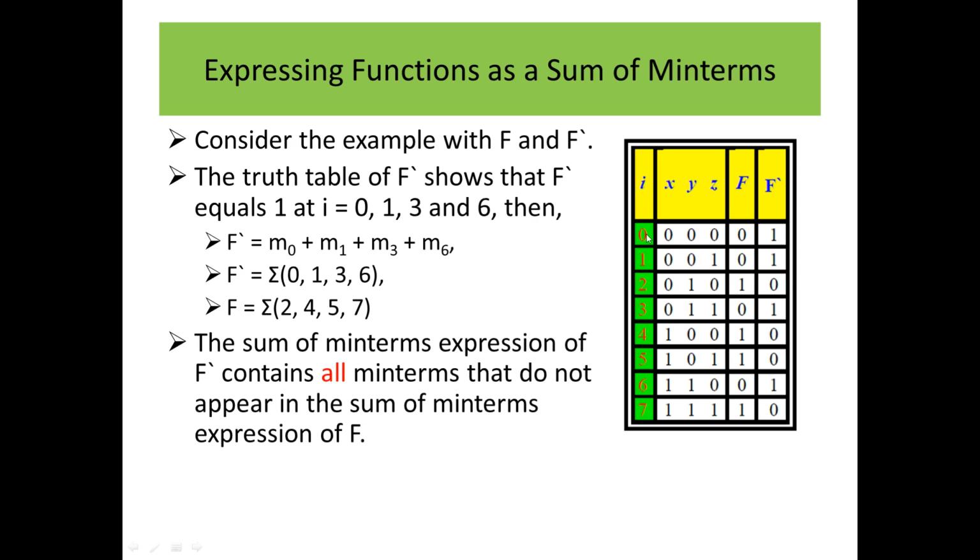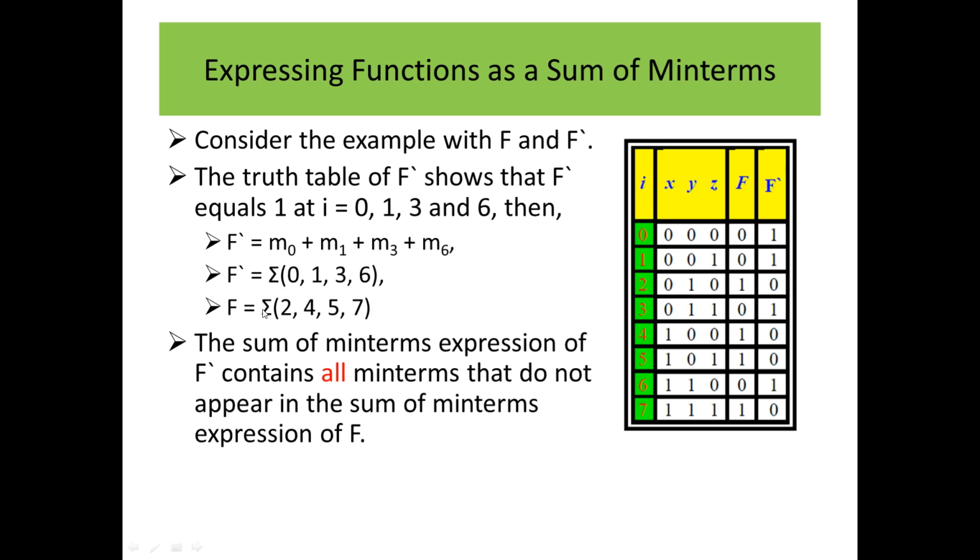So all these 0, 1, 3 and 6 have been written here, and this is equal to f bar. So f bar can be represented as m0 plus m1 plus m3 plus m6, because wherever f bar is 1, that particular row has been considered and expressed as a minterm. This also can be expressed as summation of 0, 1, 3 and 6.